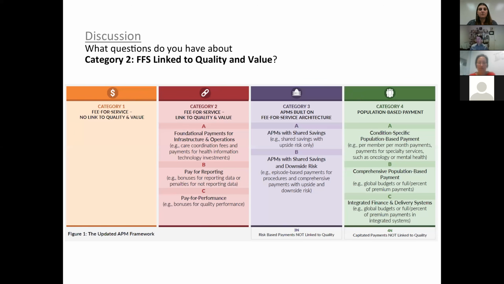But her first question is, is P4R typically an annual payment? I think P4R can also be more frequent because the data feeds may be either monthly or quarterly, so it varies considerably.